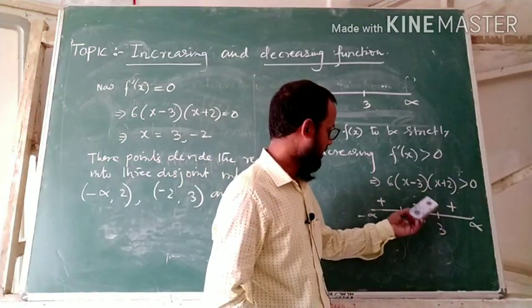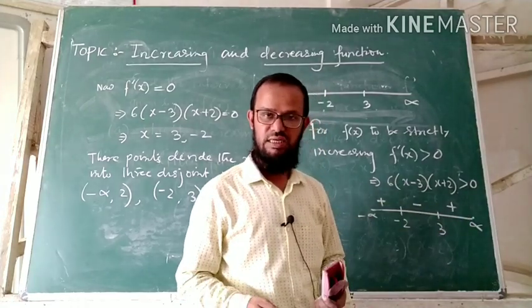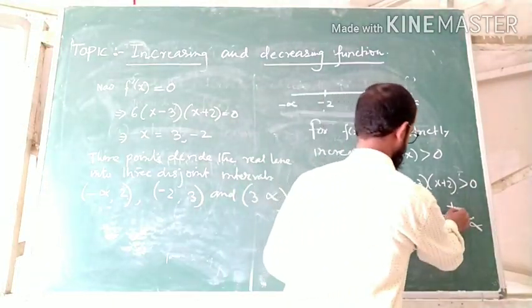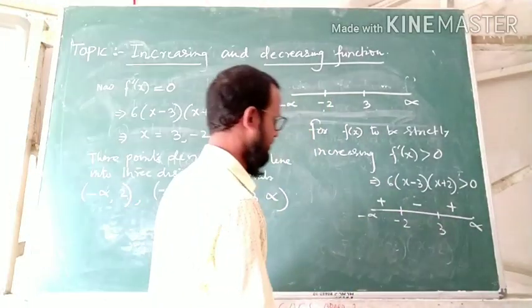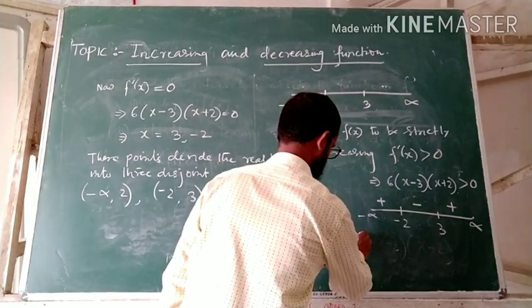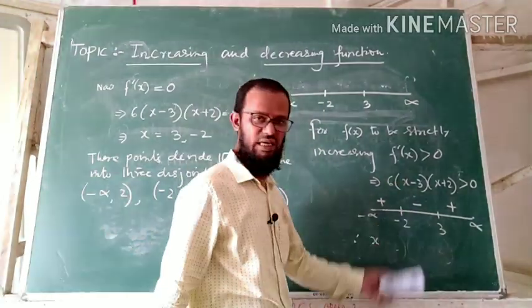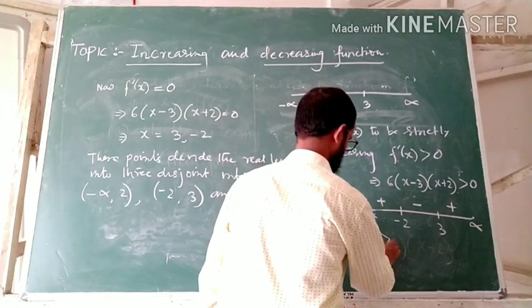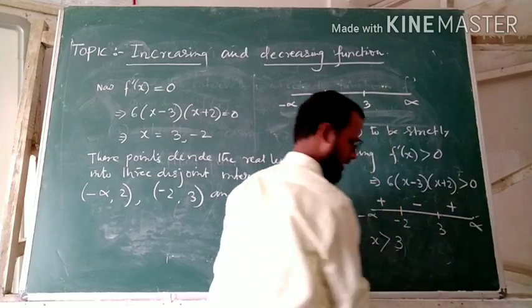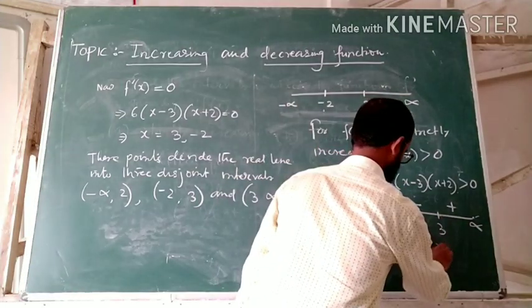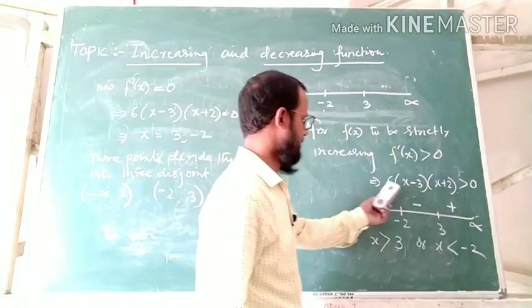Now your expression should be greater than 0, right? So where is greater than 0 found? You are getting it here and here, so you have to exclude that. Therefore x is, from the wavy curve method, when x is greater than 3, it is positive, and x is less than minus 2, that means this part or that part, our expression is satisfied.